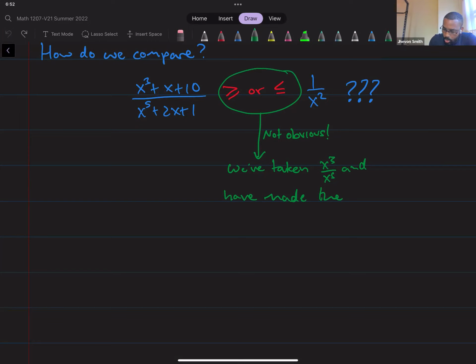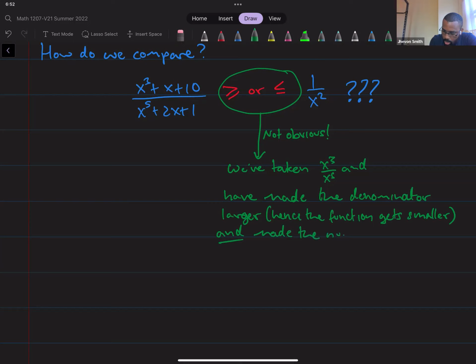All right. So we've made the denominator larger, and the function gets smaller, and made the numerator larger, hence the function gets larger, right?